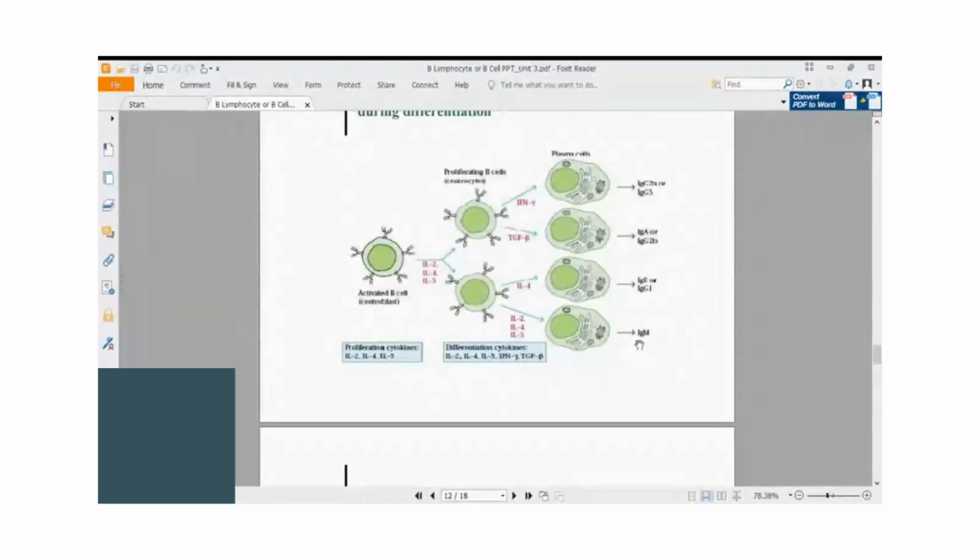Why IgM? I had told you that IgM is a pentamer. It has got 10 antigen binding sites, FAB sites. And because of the 10 antigen binding sites, it can agglutinate a particulate antigen much more efficiently than IgG. If IgG is there, then a large number of IgG molecules will be required for agglutination reaction.